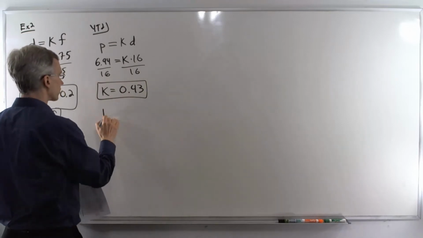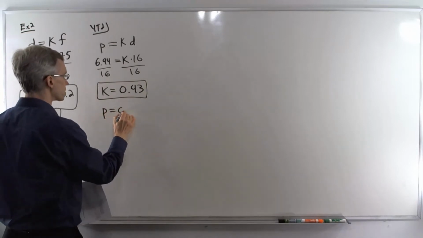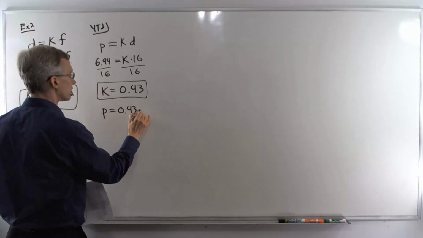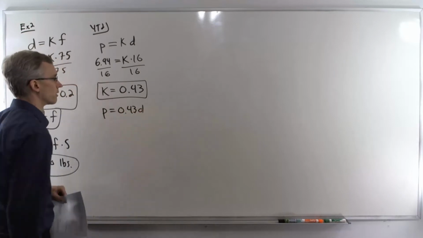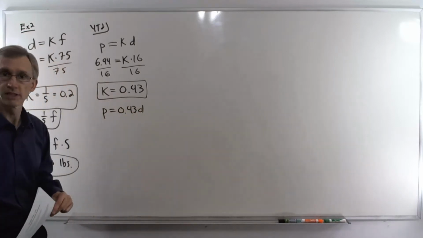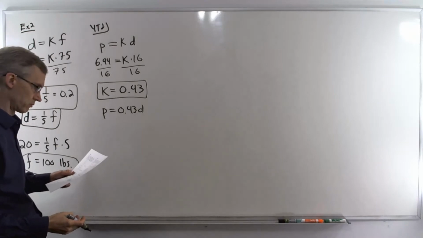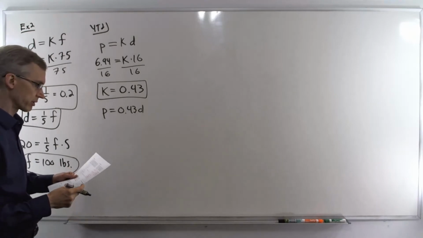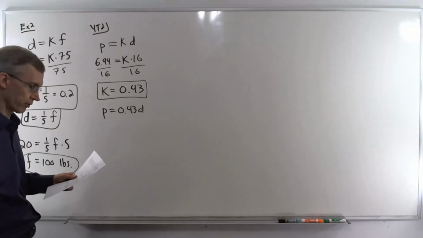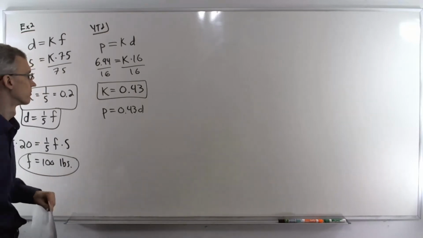Now I'll write the new equation of variation, P equals 0.43 D. So as the depth increases by 1 foot, the pressure increases by 0.43 pounds per square foot.